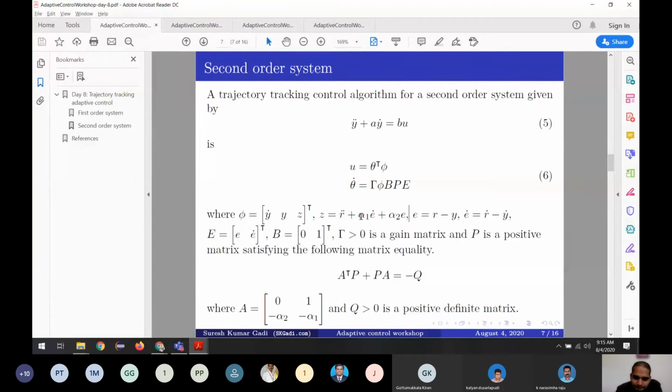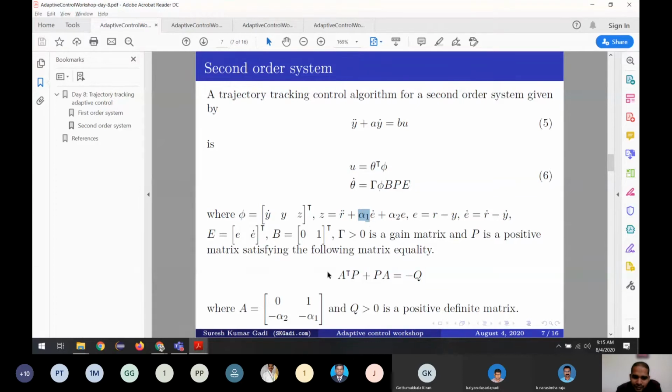We are defining z as r double dot, alpha 1 times e dot, and alpha 2 times e. What are alpha 1 and alpha 2?